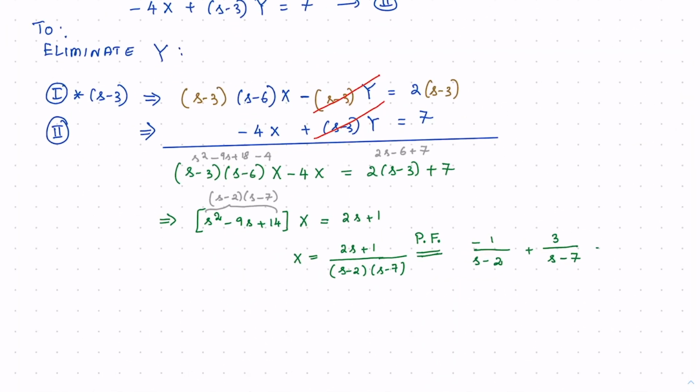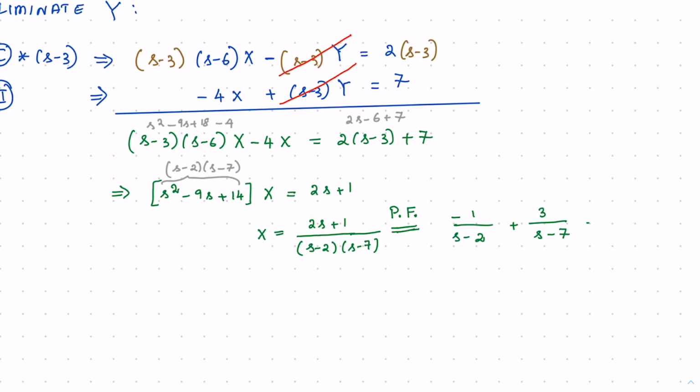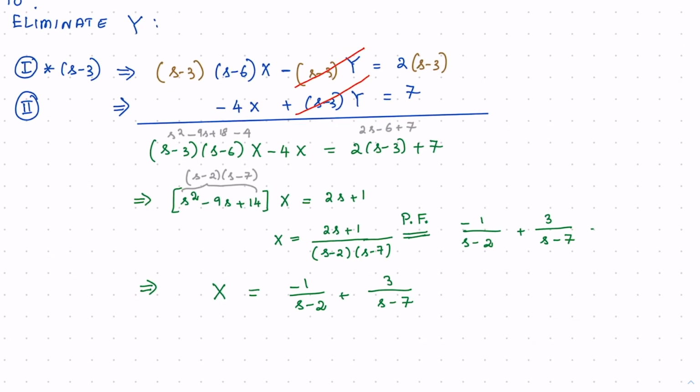So what I have is my cap X as a function of s equals negative 1 over s minus 2 plus 3 over s minus 7.